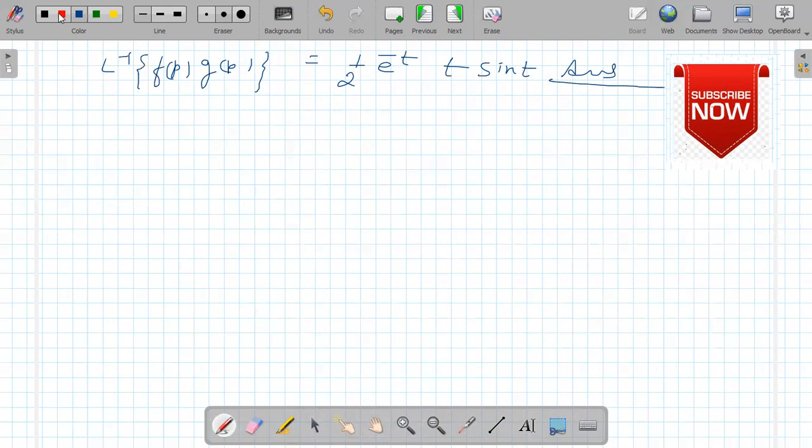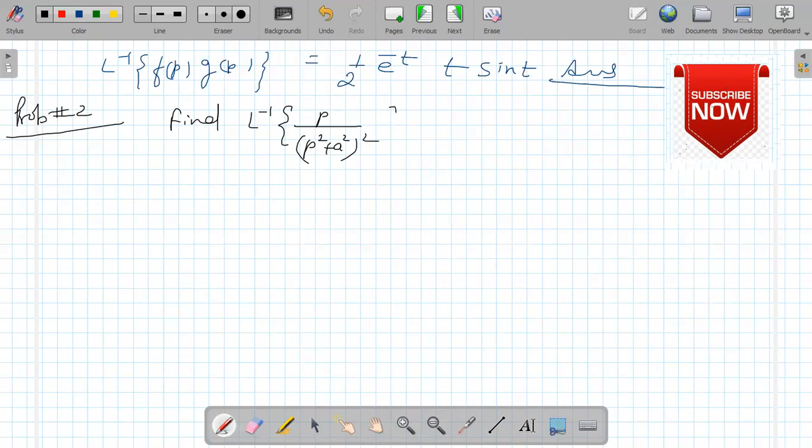Let me take the second example. Problem number 2 is: find the Laplace inverse of p upon (p square plus a square) whole square.